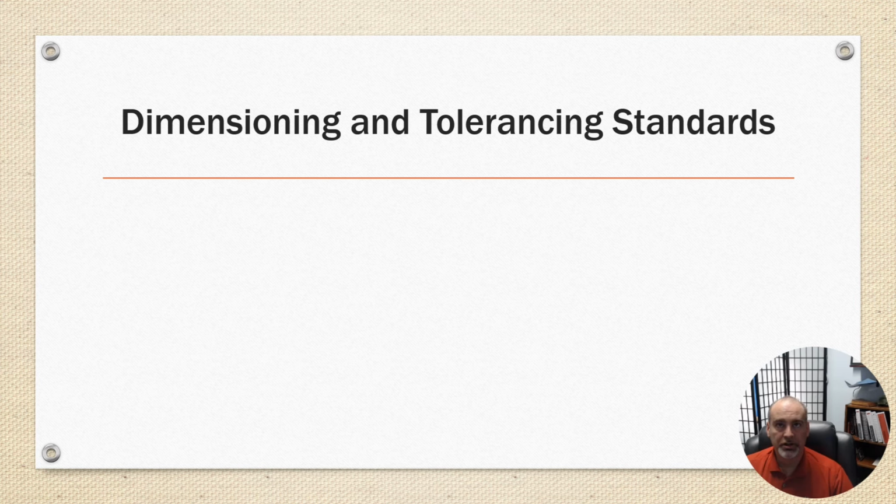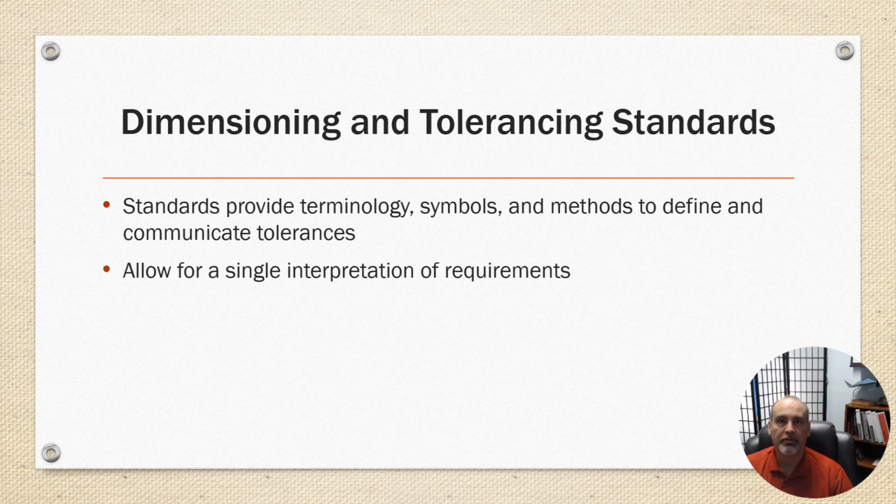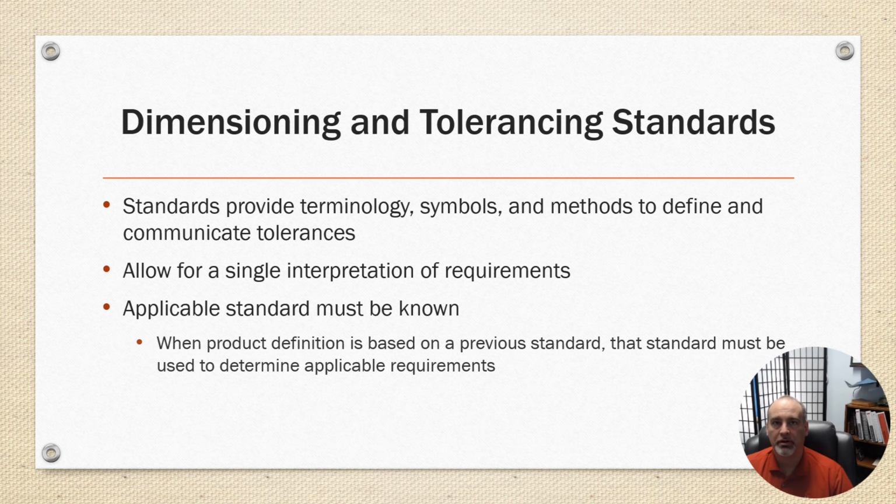Okay, dimensioning and tolerancing standards. The standards provide terminology, symbols, and methods to define and communicate tolerances. They allow for a single interpretation of requirements, and applicable standards must be known. When product definition is based on a previous standard, that standard must be used to determine applicable requirements.